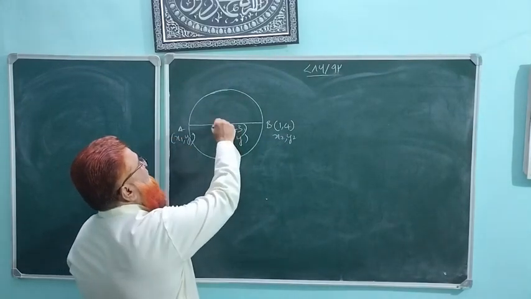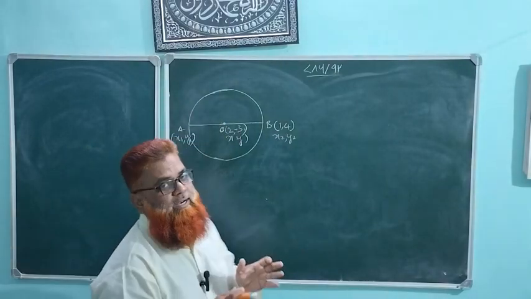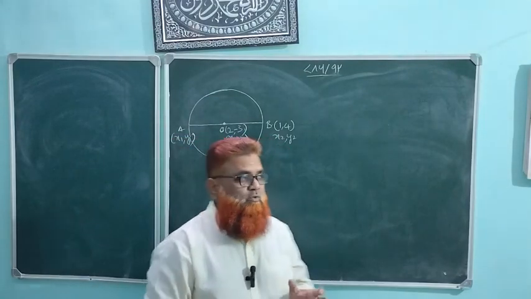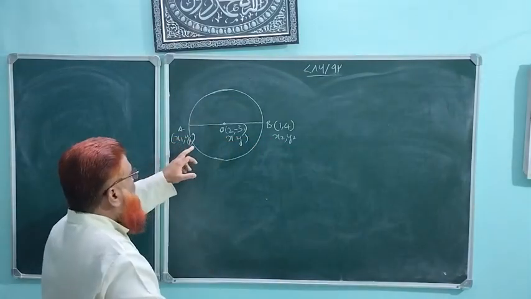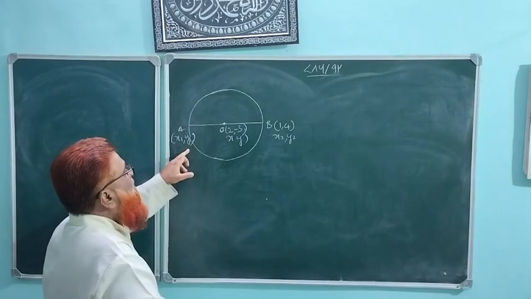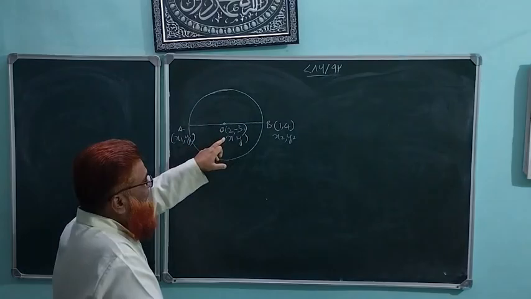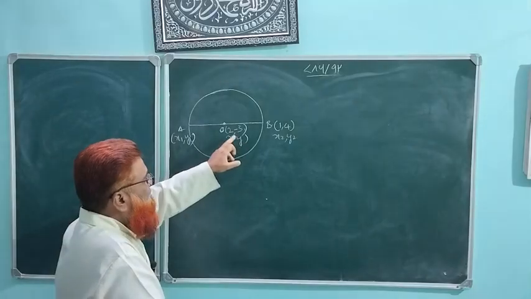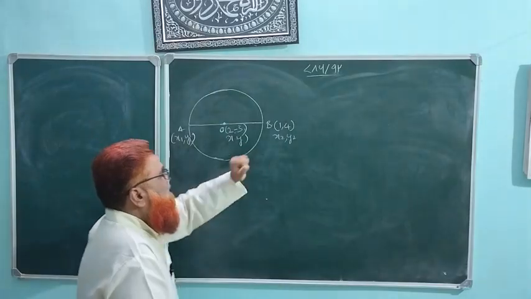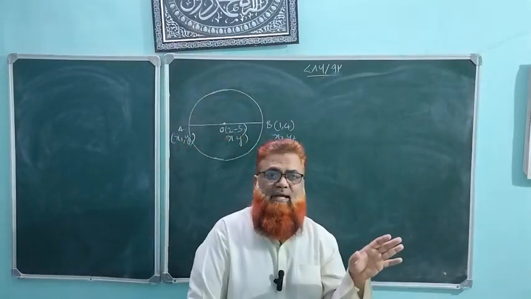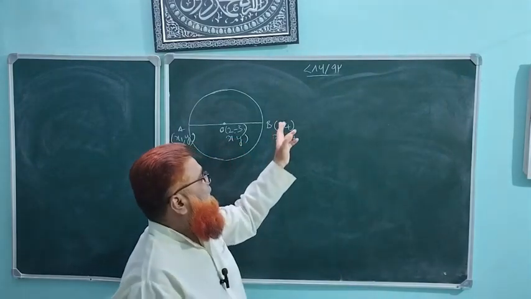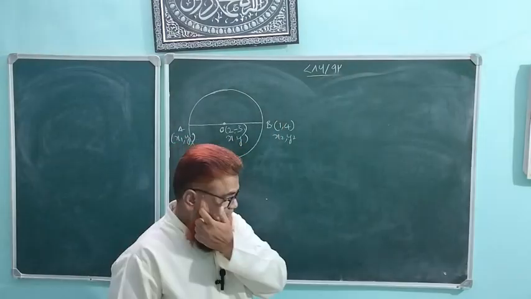Then the center of the circle O has coordinates x and y. For x1 and y1 we do not have the values, but for the center x and y, the coordinates are 2, minus 3. For the other endpoint of the diameter, B, the coordinates are 1 and 4.